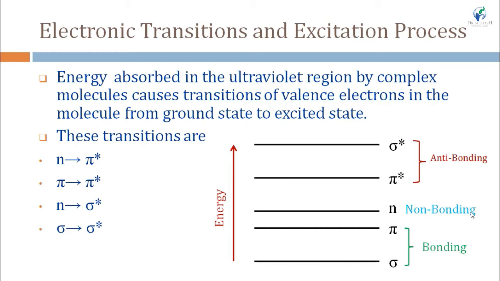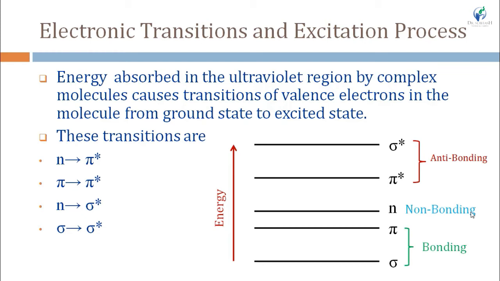And the energy rises when we go from bonding orbital to anti-bonding orbital, which means the sigma orbital has the lowest energy and the sigma star orbital has the highest energy. Sigma has the lowest energy, then pi has more, then n has more than that, then pi star has more, and the sigma star orbital has the highest energy.